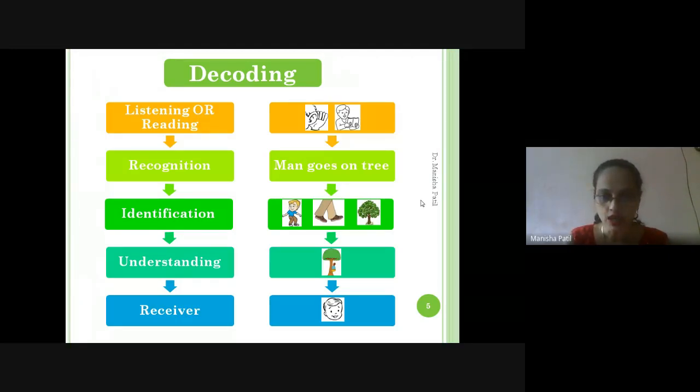Because the encoding process in the mind of the sender does not match with the decoding process in the mind of the receiver. Words are same, but the meaning differs.